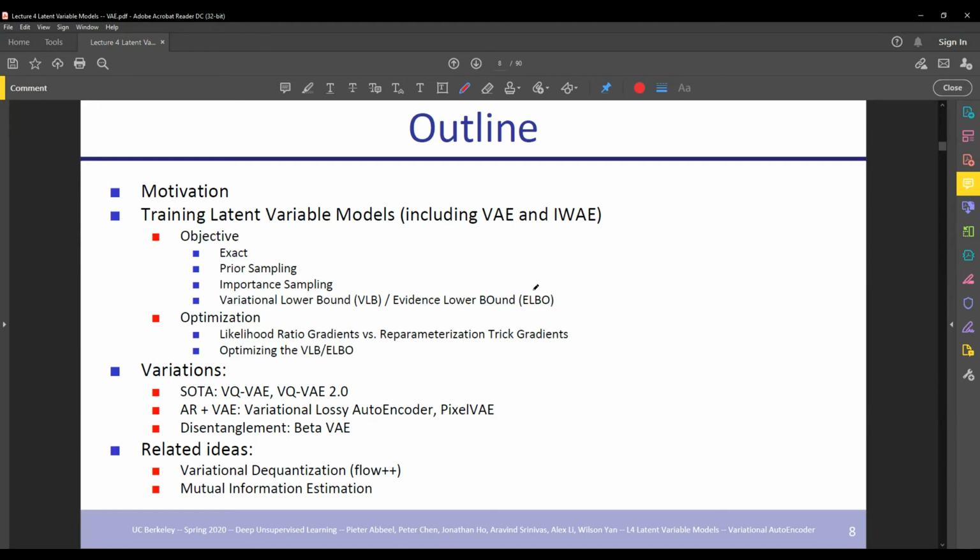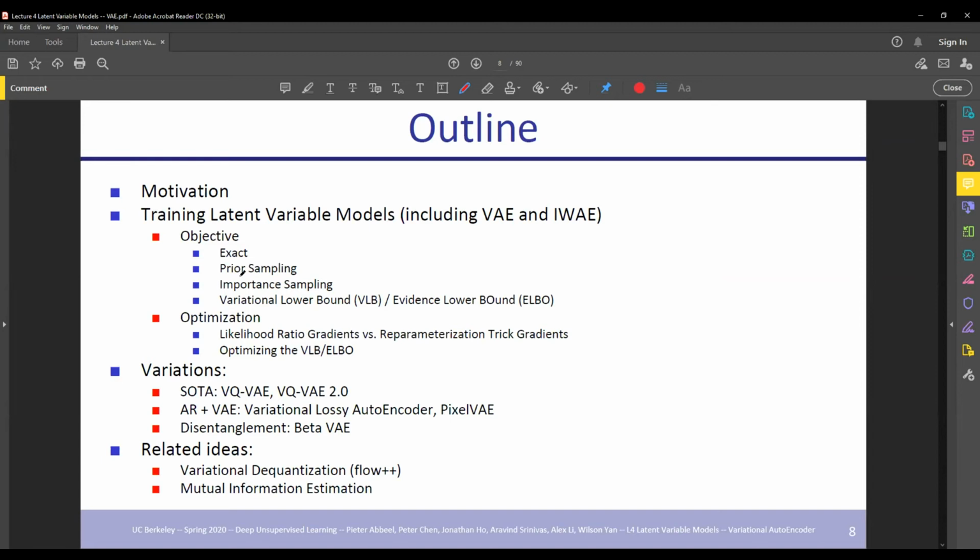So it becomes the variational lower bound or evidence lower bound, and that's the ELBO or VLB. And all of this is just setting up the objective that we want to optimize. So all of these techniques go towards that. And then we look at a couple of techniques which are actually used in order to perform the optimization.